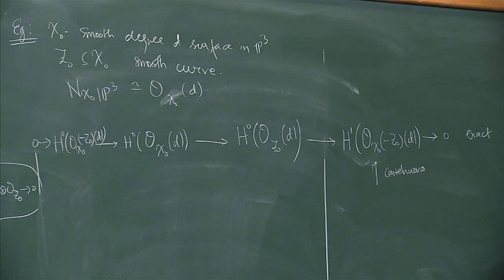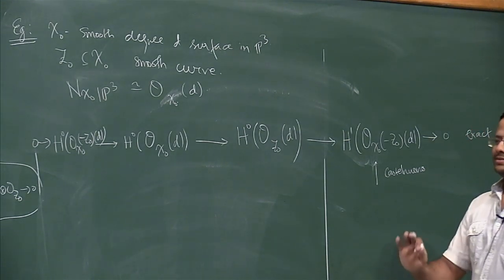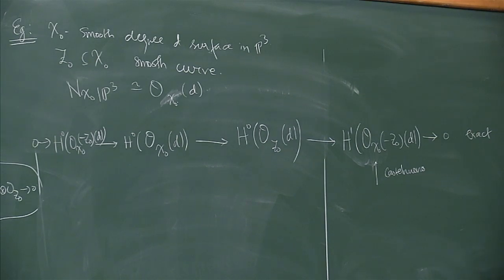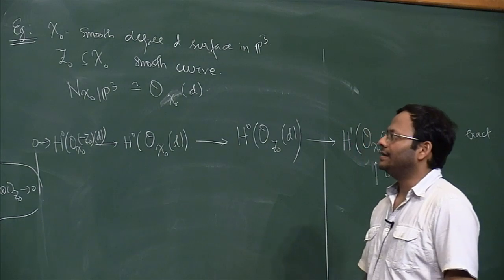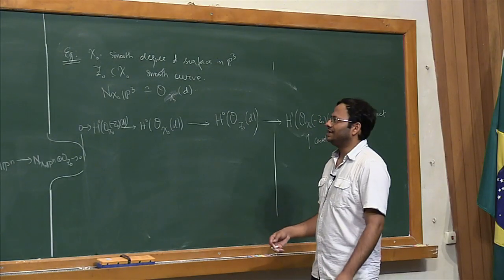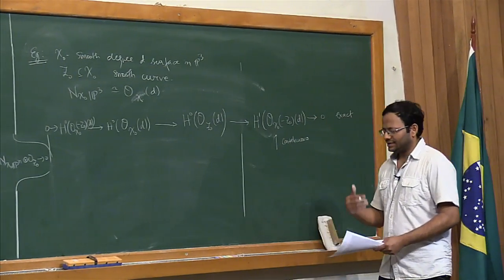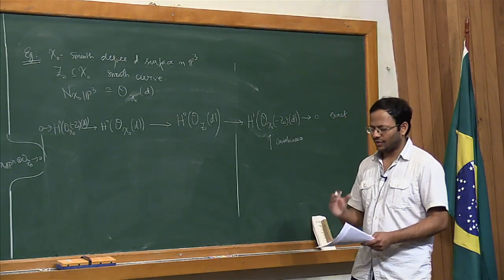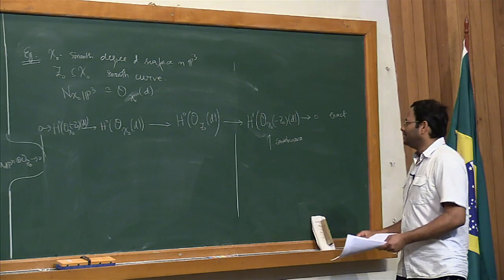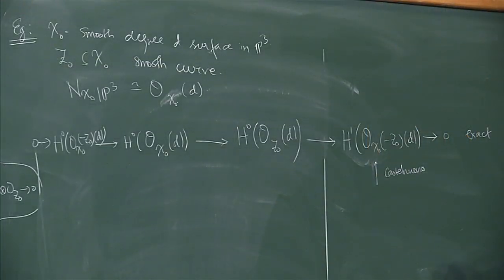It says that there is something called the regularity, not the same as semi-regularity, which says that if you have a smooth curve in P3, then after a certain degree, the cohomology of the ideal sheaf of that curve will vanish. So, it is called the Castelnuovo-Mumford regularity.